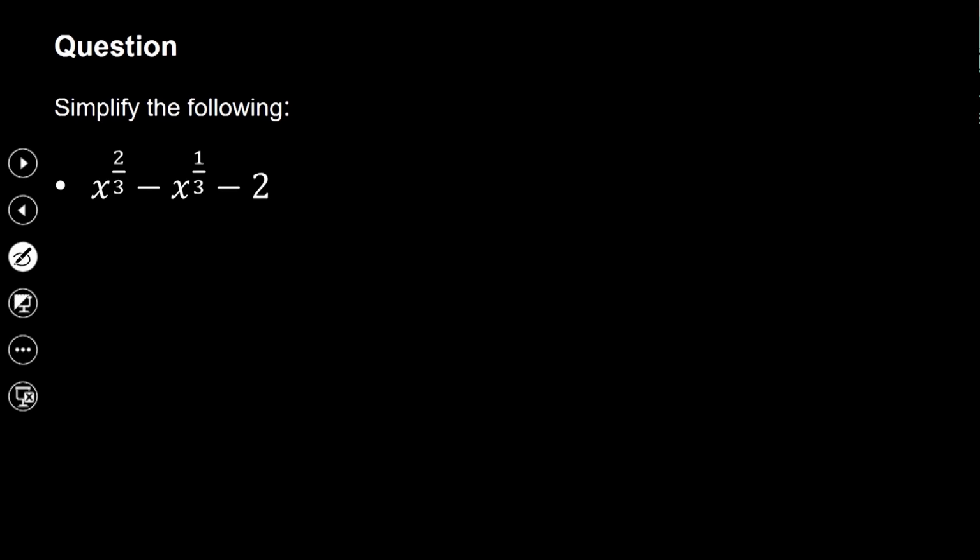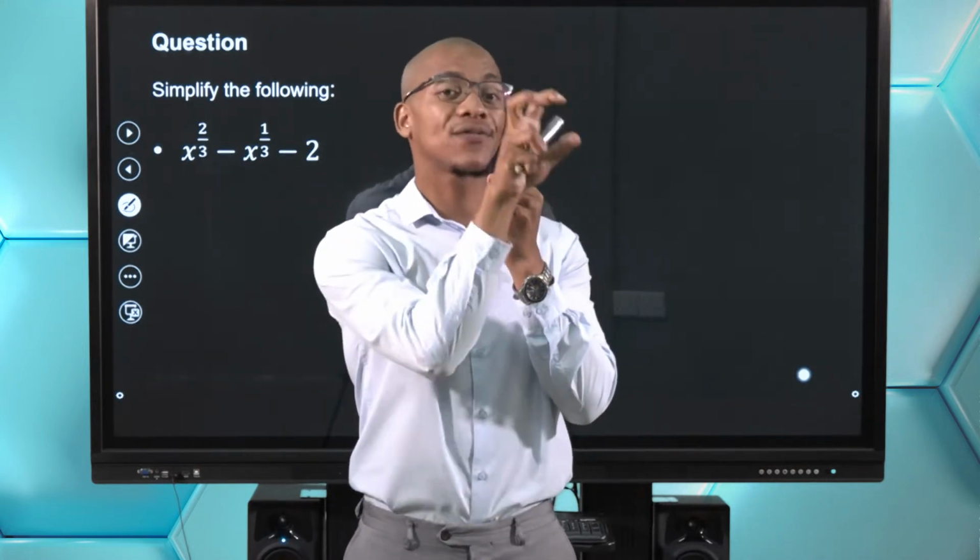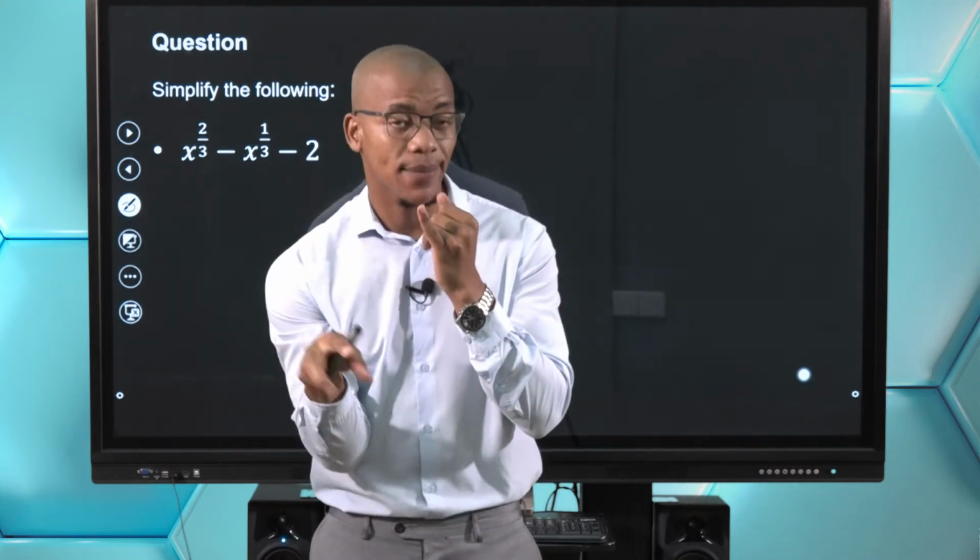All right, so let's look at a practical question now of what exactly this means. With this question, it's x to the exponent of 2 over 3 minus x to the exponent of 1 over 3 minus 2. What is important here before we can go anywhere is for you to note the following. One, the exponent of the leading term, which is the first term, must always be twice the exponent of the middle term, so that you can then use either a trinomial method or a quadratic formula.